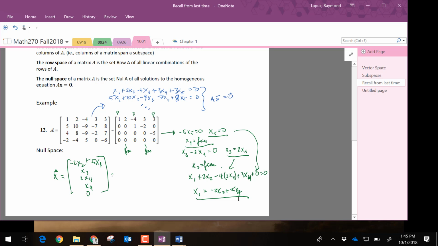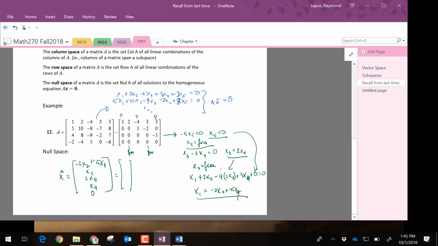So what I could do is I can break this up into two different vectors being multiplied by x2 and x4, the free variables. So this is a 1 times x2. There's no x2s in the rest of them, so that's just going to disappear.